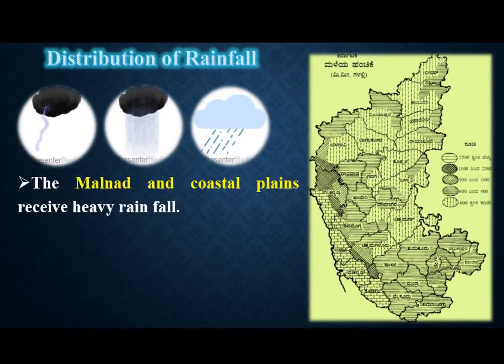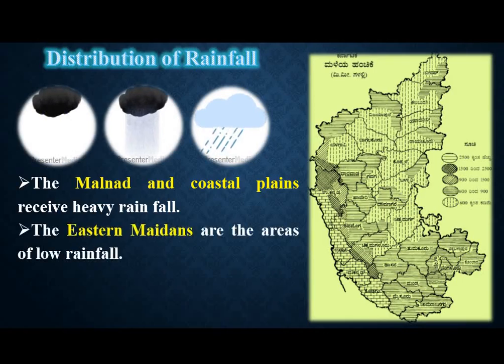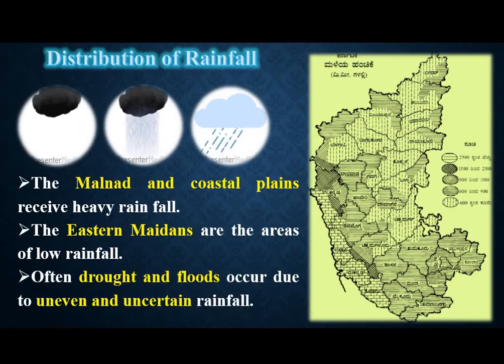Students, the Malnad and the coastal plains receive heavy rainfall, whereas the eastern Maidans are the areas with low rainfall. Normally during this time, a lot of floods and droughts can occur because of the uneven and uncertain rainfall, because we can't even predict the rainfall during this time.